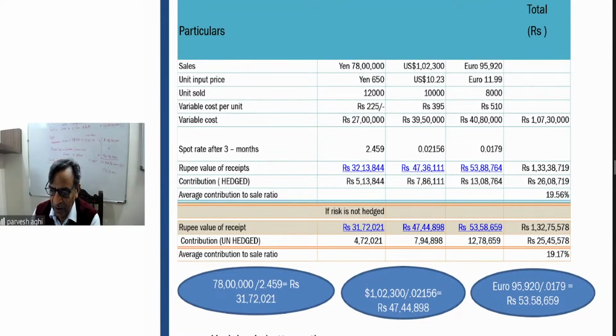But if he is not hedged and gets all his money on the spot rates after 3 months, his total overall revenue falls from 1 crore 33 lakhs to 1 crore 32 lakhs. His contribution also comes down from 26 lakhs 8,709 to 25 lakhs 45,000, which means it will be 19.17 as against 19.56.